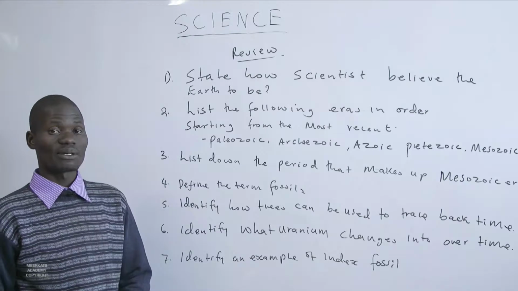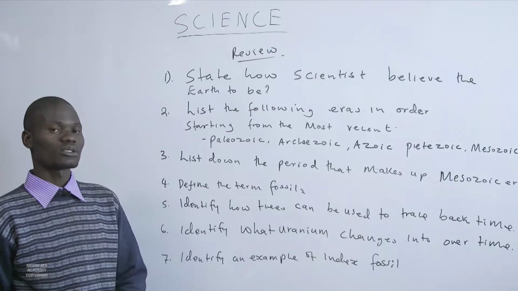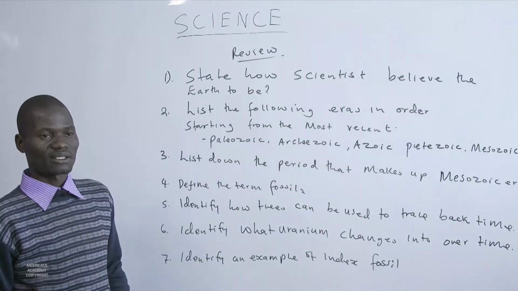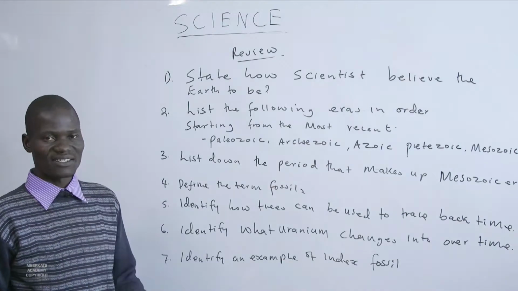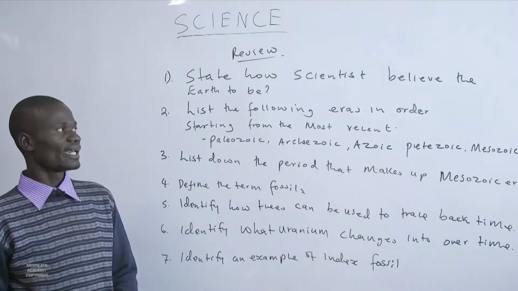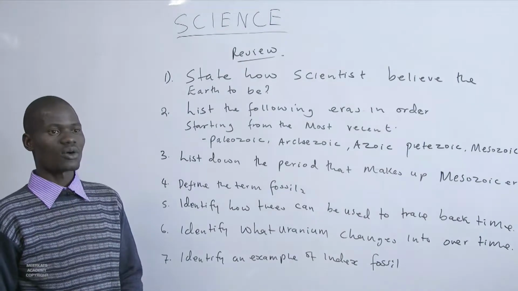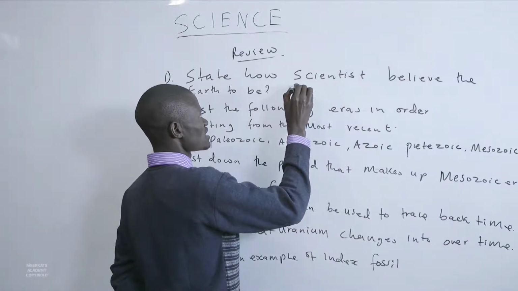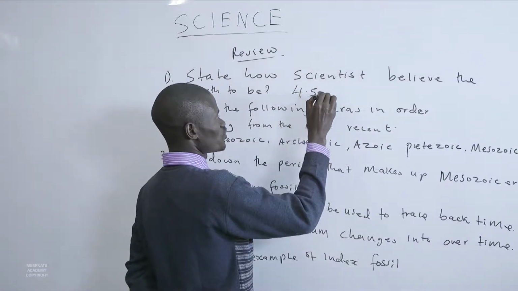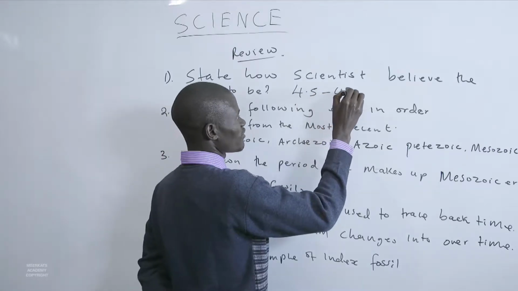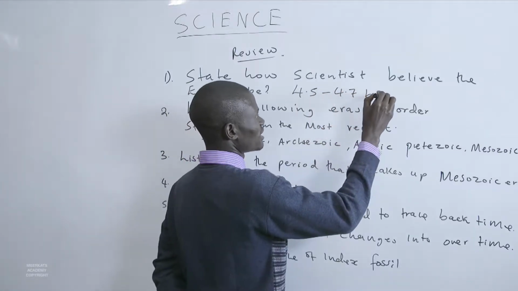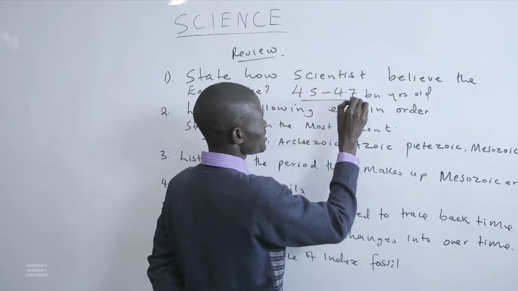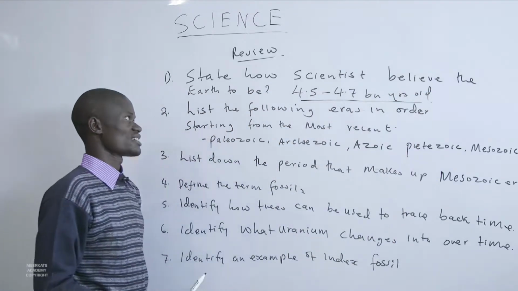Because of the geological period and the various methods that have been used to identify how old the Earth is, scientists have estimated an age of between 4.5 and 4.7 billion years old. This is what the scientists believe.